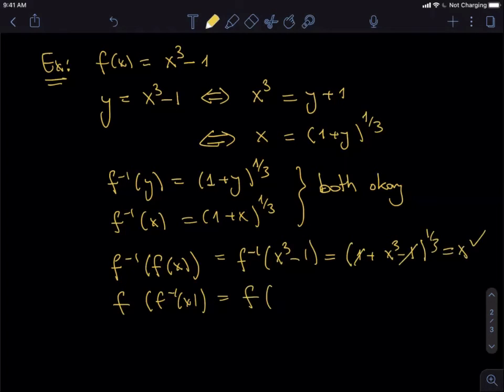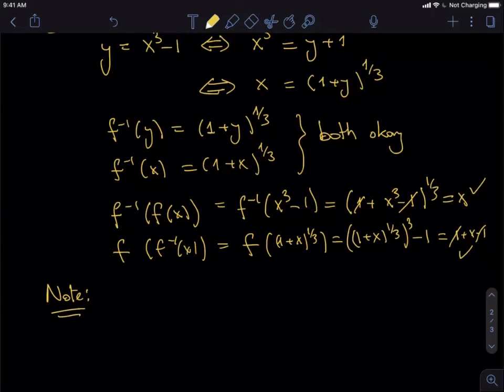And then I take f of f minus 1. This is 1 plus x to the 1/3, to the power 3 minus 1. That's 1 plus x minus 1 gives x. We are good. So you saw that when I was checking, I realized that I messed up the problem. I decided to keep going so that you will see that it's very important that we double check in the end to make sure that we didn't mess up, or if we messed up to at least know.